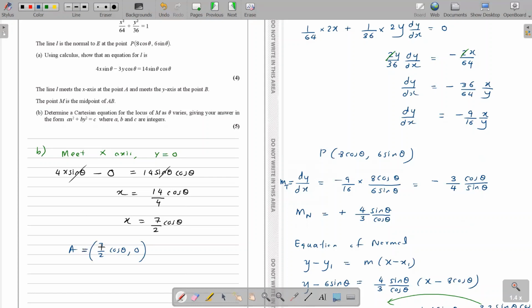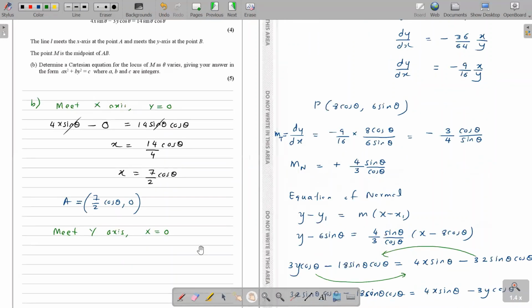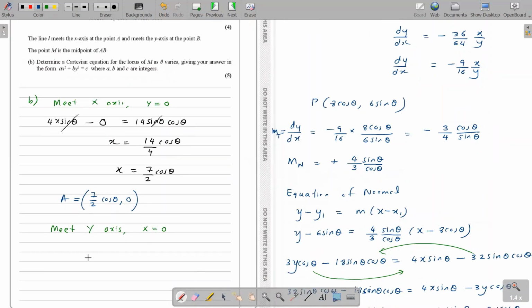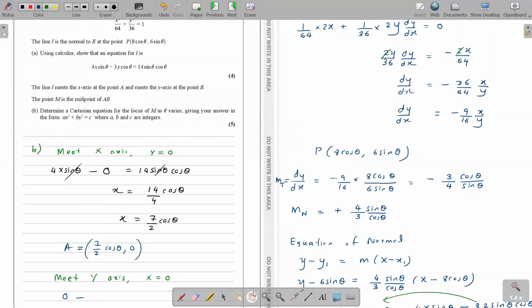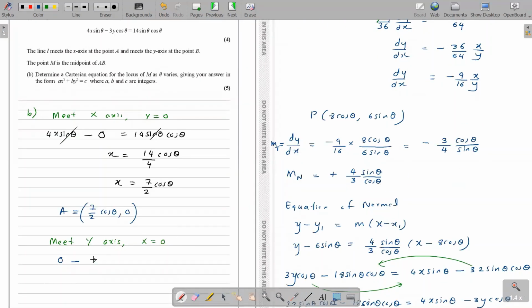And then they say it also meets the y-axis at B. So when you meet the y-axis, x is equal to 0. So you write 4x sine theta as 0 in this equation, minus 3y cos theta equals 14 sine theta cos theta.